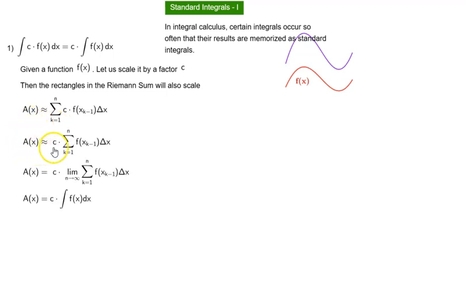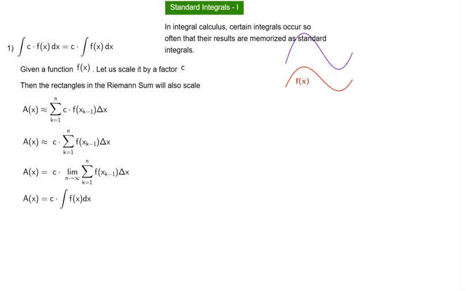When we do summation, if all the terms of the summation have a common factor, we can take it out. So we have taken it out. So c times the Riemann sum of f of x sub k minus 1 times delta x.